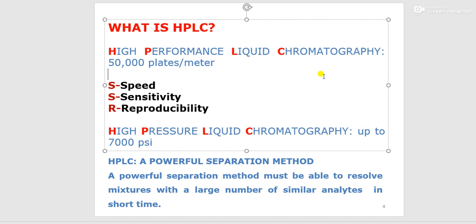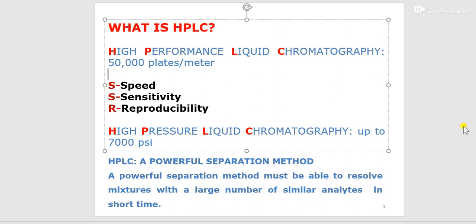Now, why is HPLC known as high performance liquid chromatography? Because it can offer a minimum 50,000 theoretical plates per meter of column length. So the efficiency of HPLC is very high as compared to conventional column chromatography. It offers speed, sensitivity, and reproducibility.